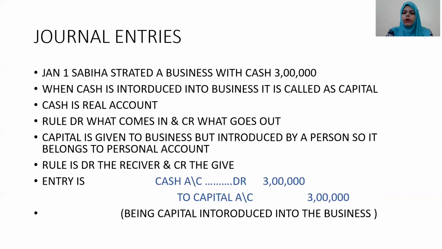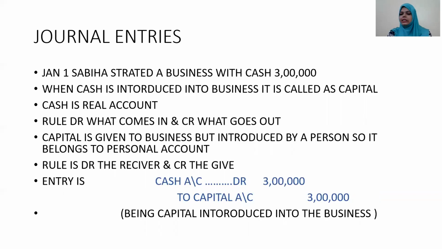Capital is given into the business, but the introduction is by a partner, so it belongs to a personal account. And for a personal account, we have the rule: debit the receiver and credit the giver. So the entry will be cash account is debited to capital account. Again, we read at the beginning that capital is always credited.